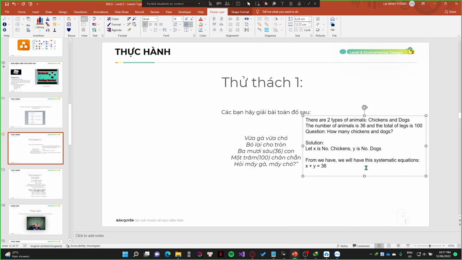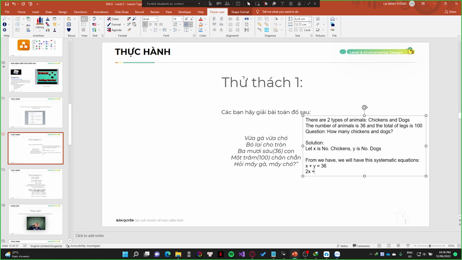Remember that each chicken has 2 legs, so the total legs of the chickens is 2 multiplied by x, right?